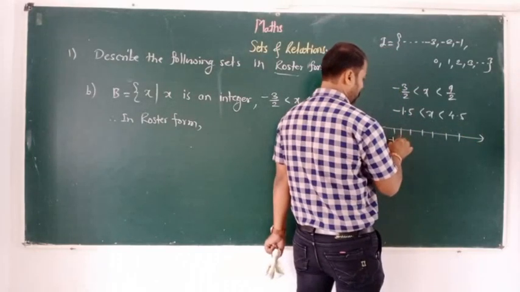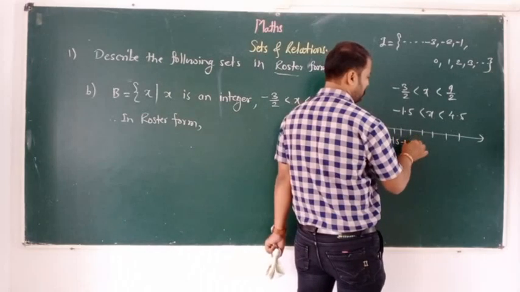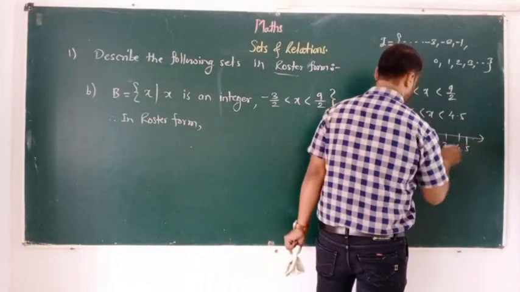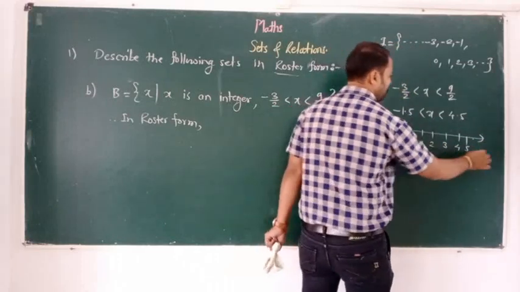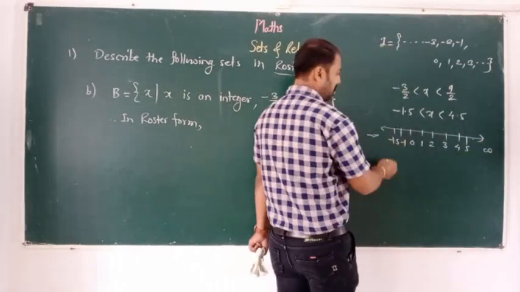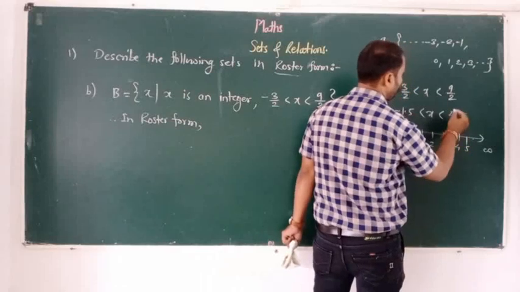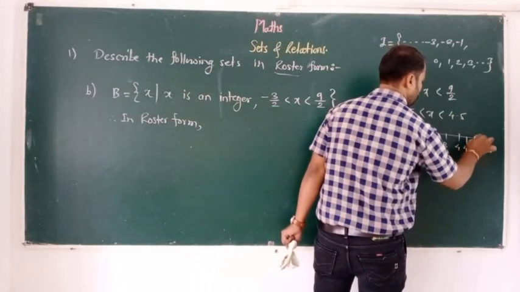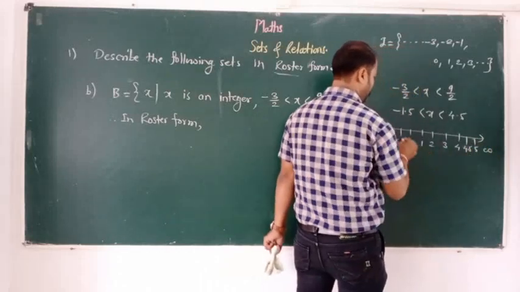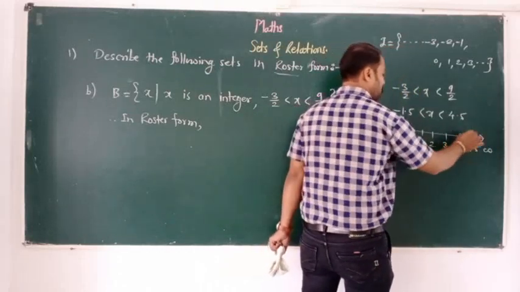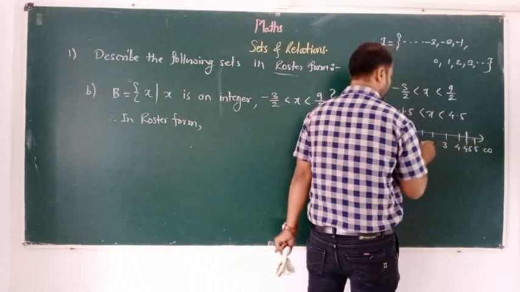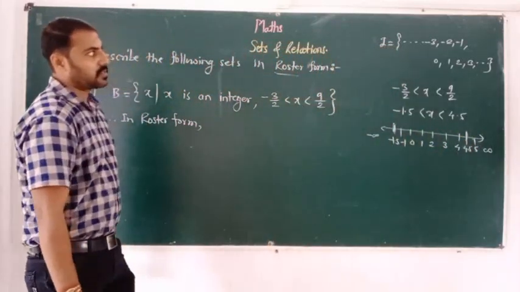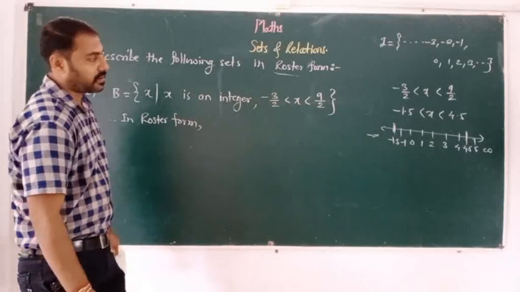Here is minus 1.5, then 0, 1, 2, 3, 4, 5. Here is minus infinity, here is plus infinity. Now where is 4.5? Here is 4.5, and here is minus 1.5. And in between these two numbers, which integers are there?